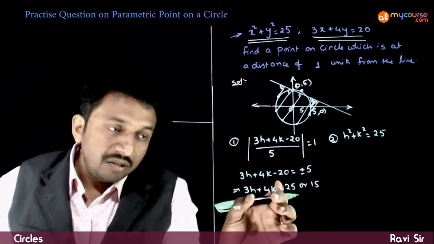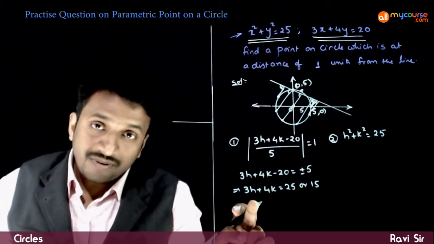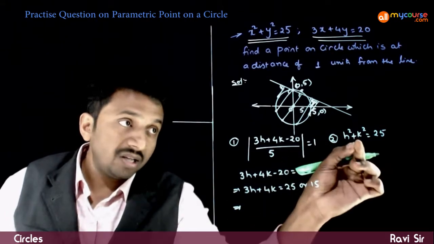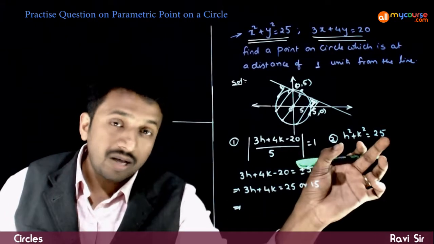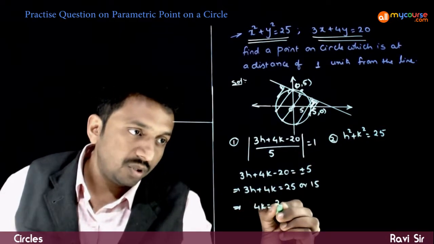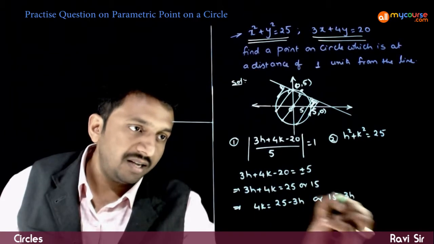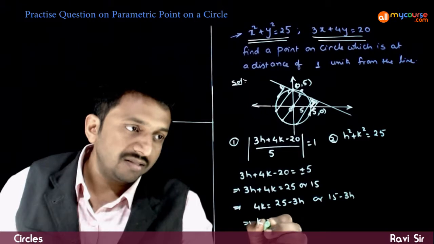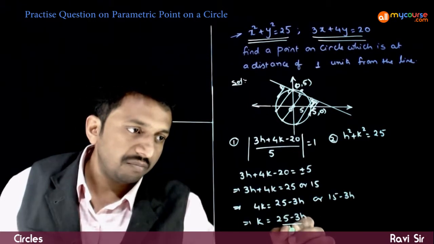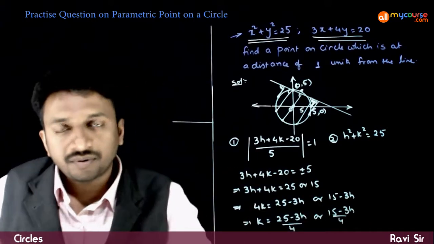So this implies you have a linear equation in h, k and a quadratic. So first let us take h and substitute in this equation to convert this completely into a quadratic. So 4k is equal to 25 minus 3h or 15 minus 3h. So k is equal to 25 minus 3h by 4 or 15 minus 3h by 4.